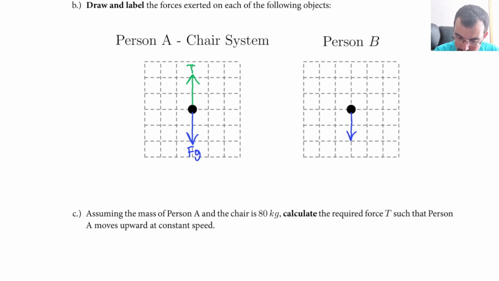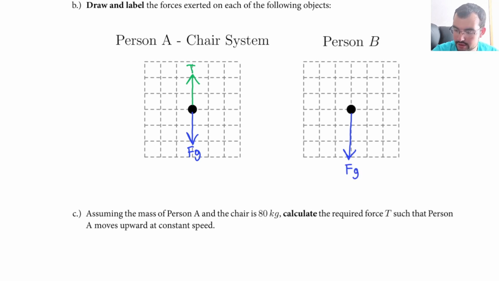Now, person B, they have a weight as well. I don't know if it's the same or not. And they're pulling upwards. Actually, let's make it less. I think we make it less. No, greater. Let's make it greater. Why not?